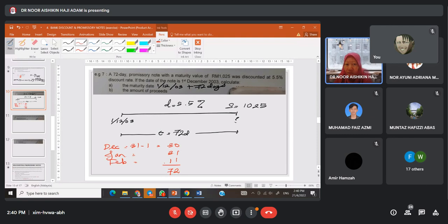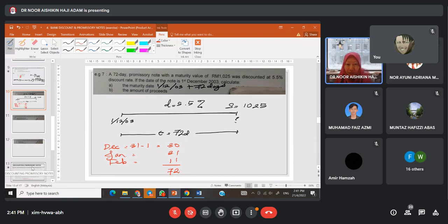Kenapa you guna ordinary time? Kita tak guna ordinary time. Kita guna exact time tapi ordinary simple interest untuk promissory note dengan bank discount ni. Okay? So that's a good point. So yeah, 11th February of 2004.